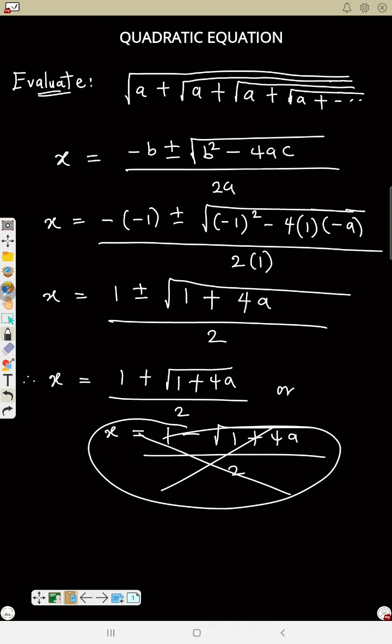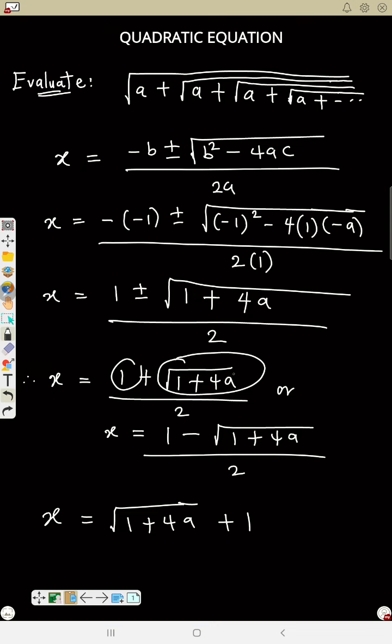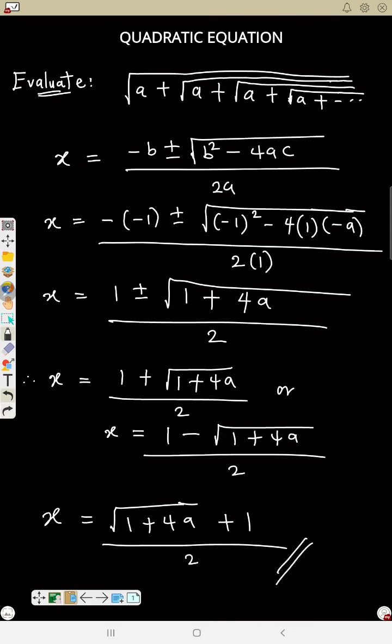So finally x is equal to square root of 1 plus 4a, plus 1. I'm writing root 1 plus 4a first, then plus 1, then everything divided by 2. So that is the formula you can use if you see a question like this.